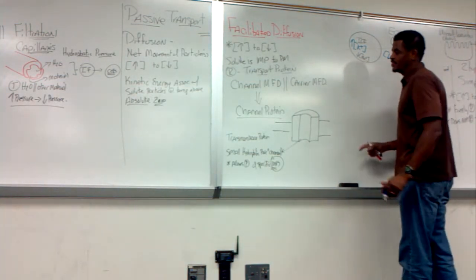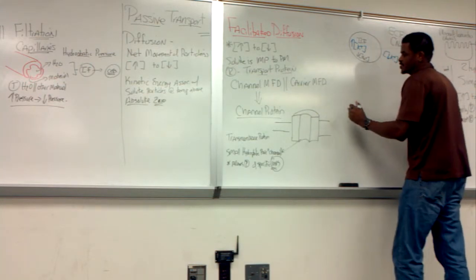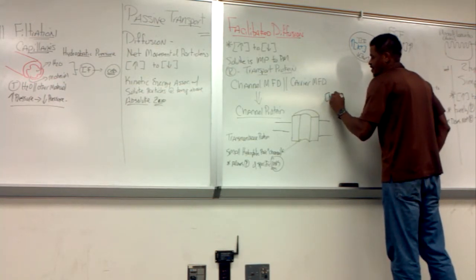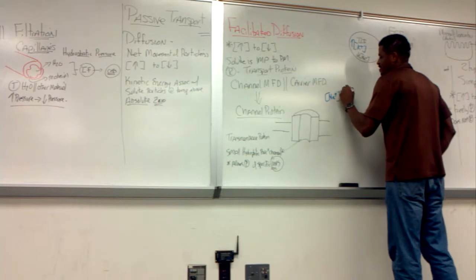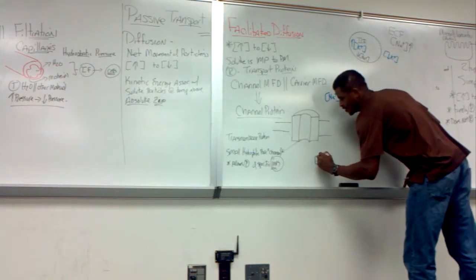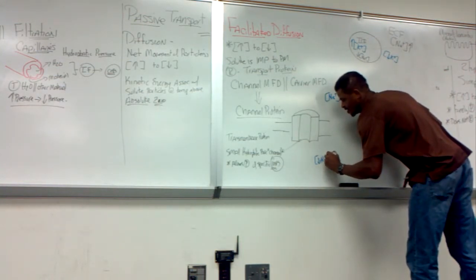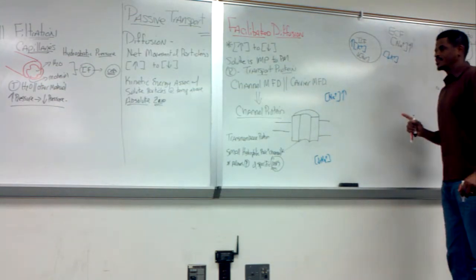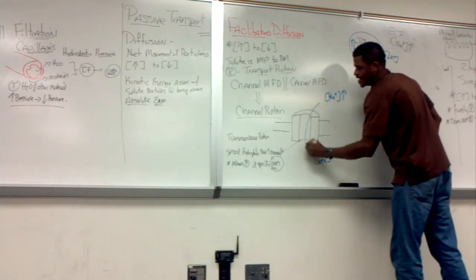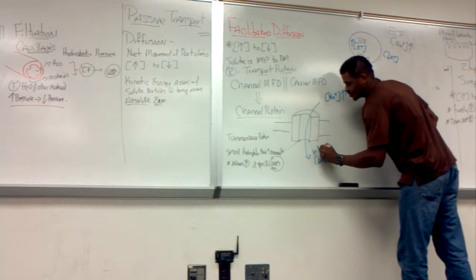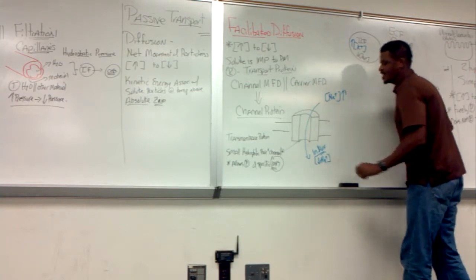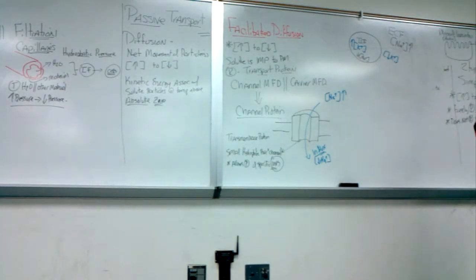Because of the concentration gradient, sodium being higher outside the cell and lower inside the cell, in passive transport sodium will influx, or enter the cell, going down its concentration gradient.